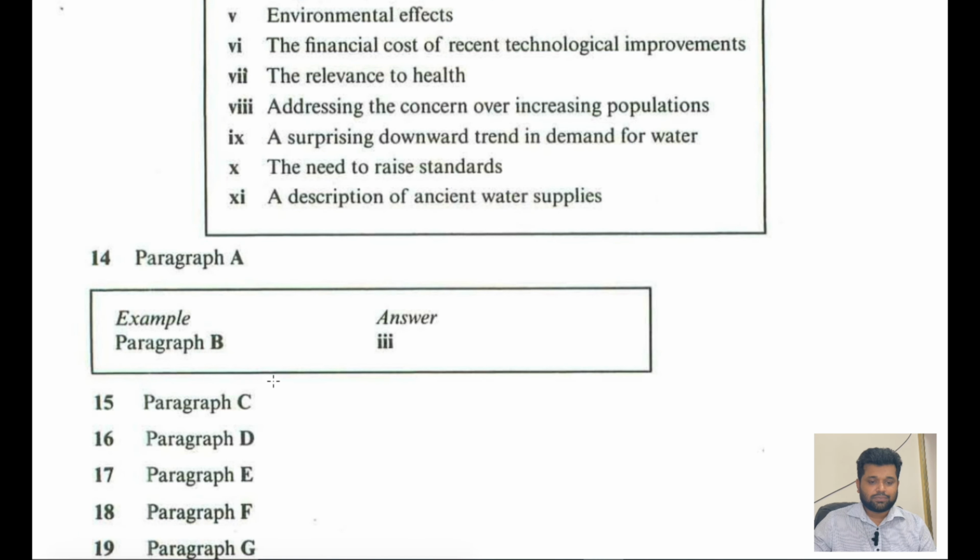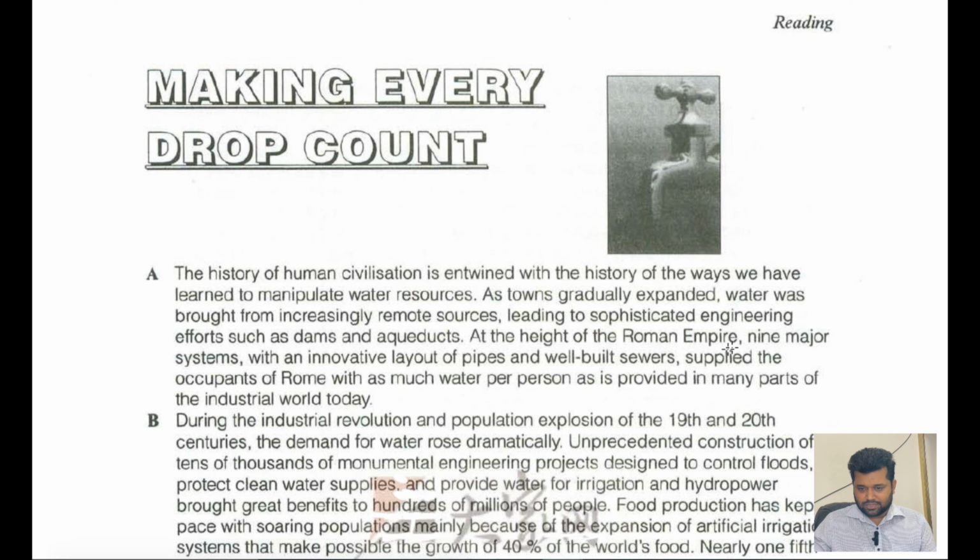No. This question totally contradicts the information, because in the passage the last sentence of the first para says that at the height of the Roman Empire, 9 major systems with an innovative layout of pipes and well-built sewers supplied the occupants of Rome with as much water per person as is provided in many parts of the industrial world today.